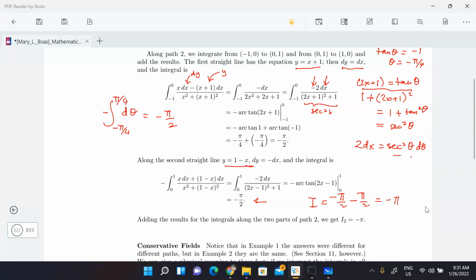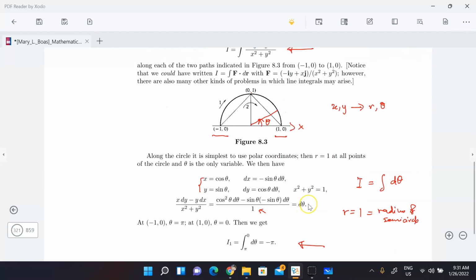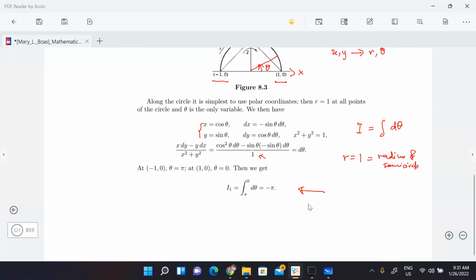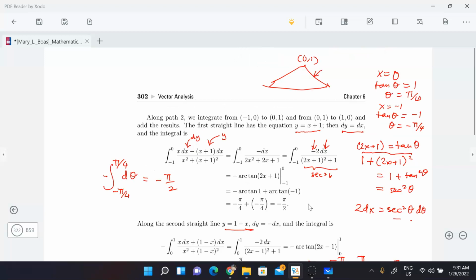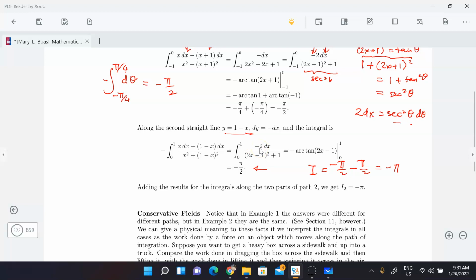Okay, and you can see that this is just the same answer as the one we had before using the semicircle. With the semicircle we get minus pi, and then with the segmented path, again, you get minus pi.